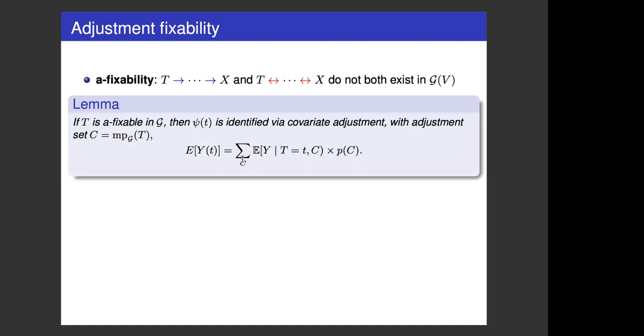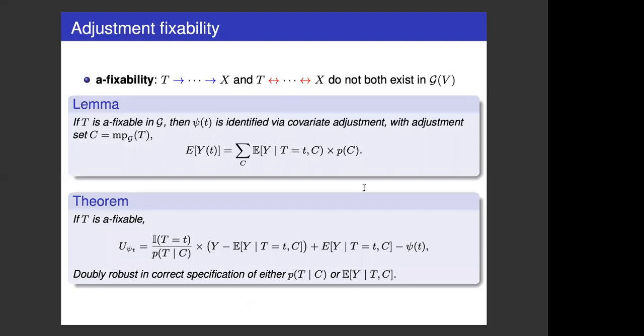This is the simple identification functional for the counterfactual mean. And as I said before, once we have an adjustment set, we can rely on the existing results and just use a nice estimator like Augmented IPW to estimate the effect, which is doubly robust in correct specification of either the propensity score P of T given Markov pillow of T, or the outcome regression of Y given Markov pillow of T.